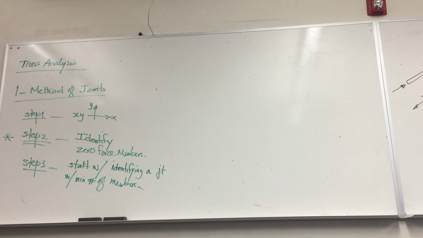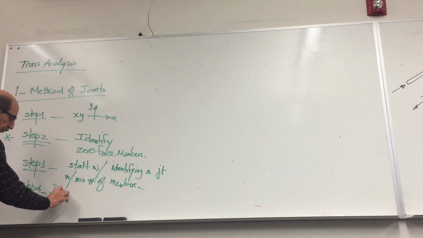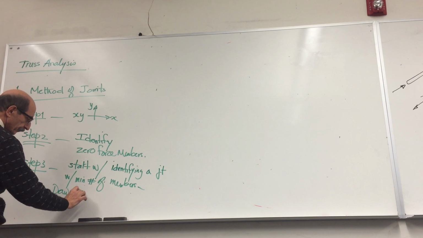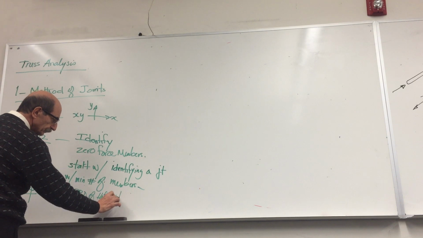Then you start with drawing the free body diagram and identify the free body diagram with the least number of unknowns. Before anything else, you identify a joint with the minimum number of members coming to it. And step 4, you draw the free body diagram of that joint.